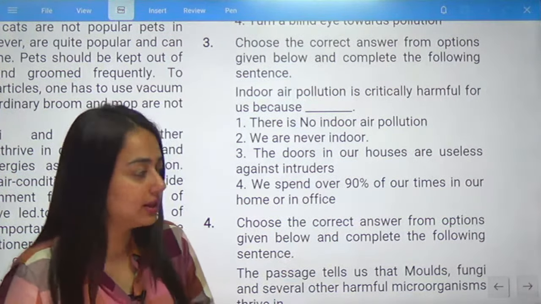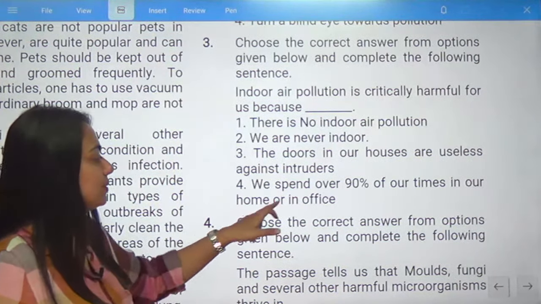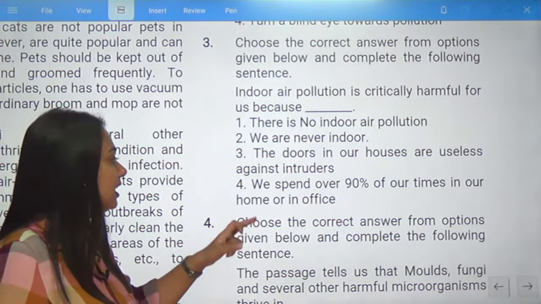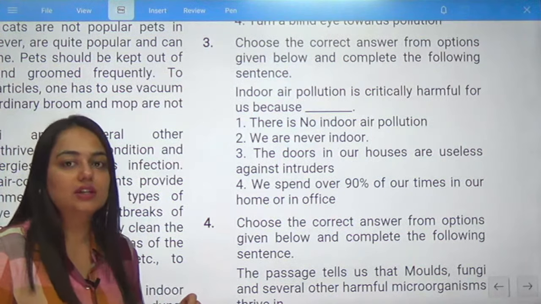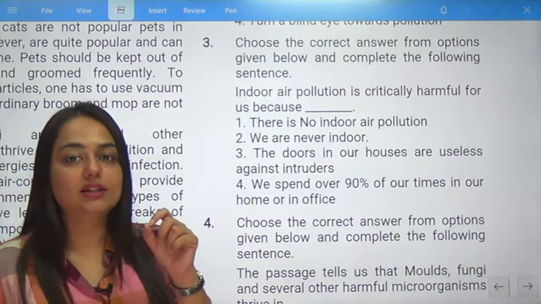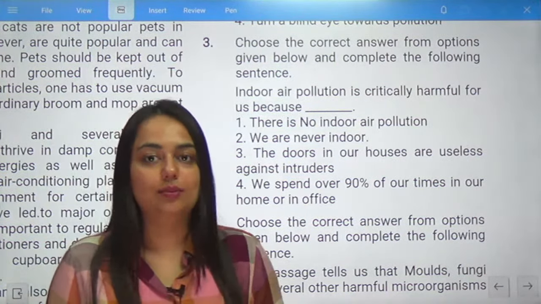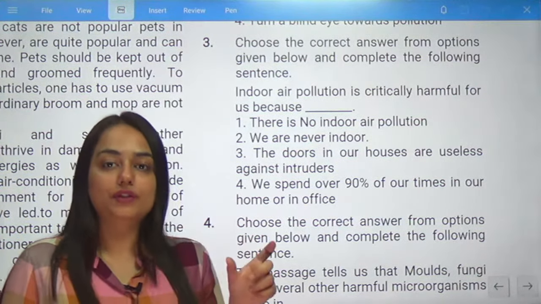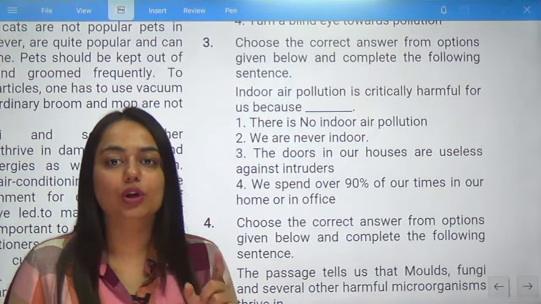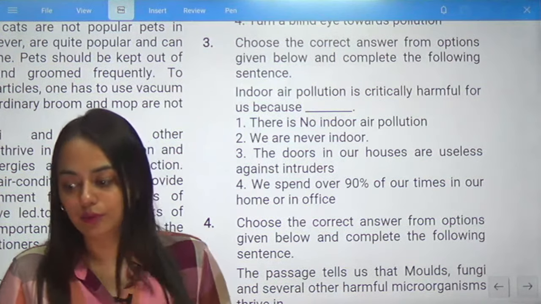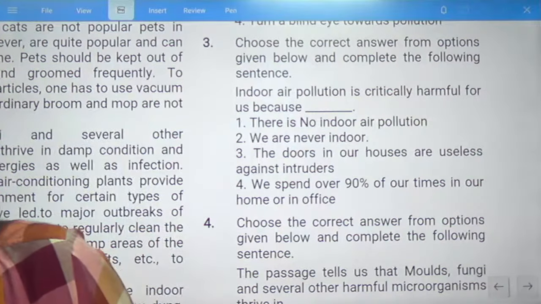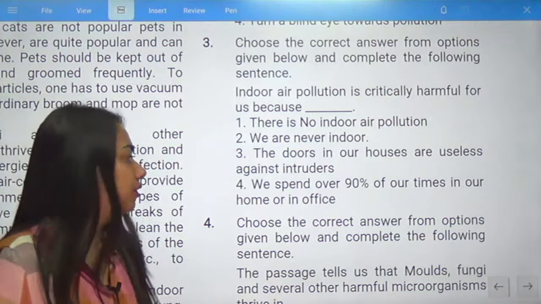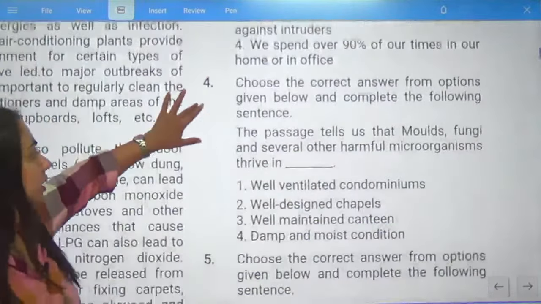Out of the context. Again, don't fall for this. We spend over 90% of our time in our homes or in offices. क्योंकि हम अपना ज़्यादा से ज़्यादा time, let's say 90% time spend करते हैं offices में या houses में, तो indoor pollution हमारे लिए बहुत harmful हो सकता है. Yes, very good. Correct answer is the fourth one.